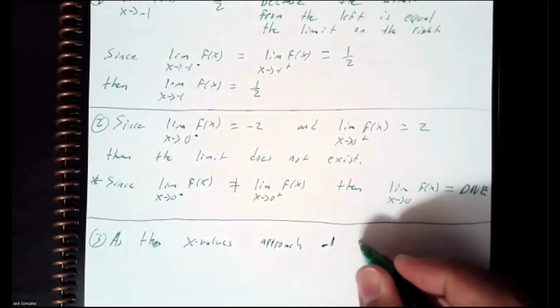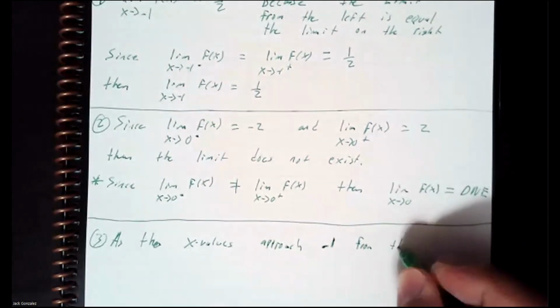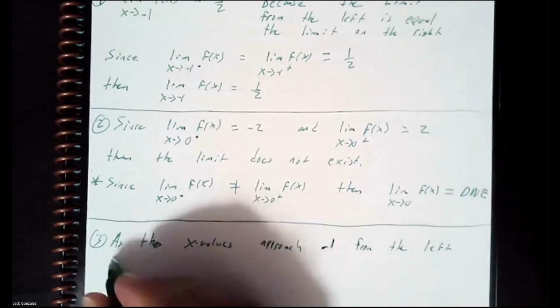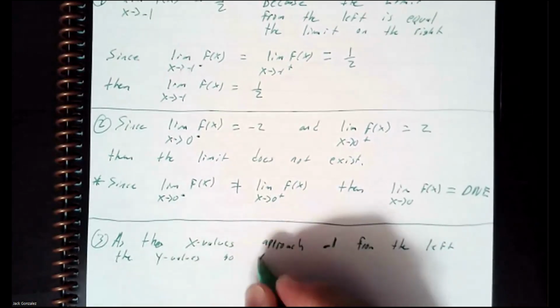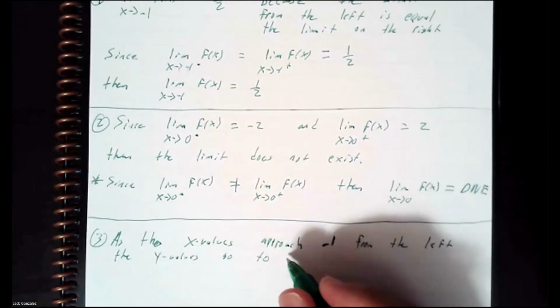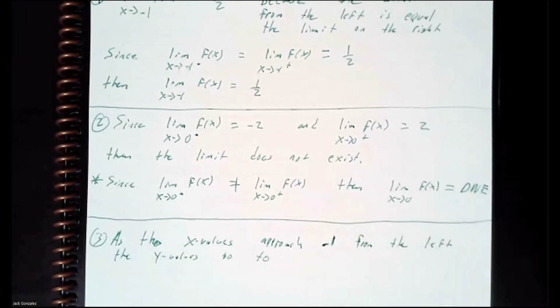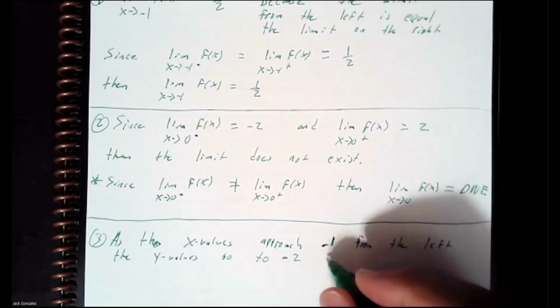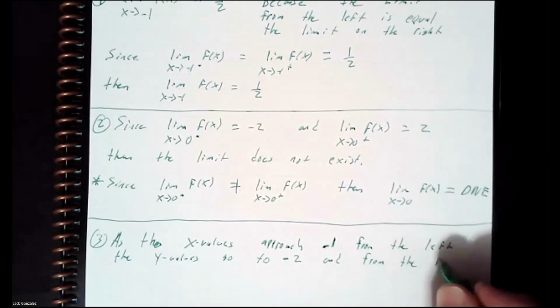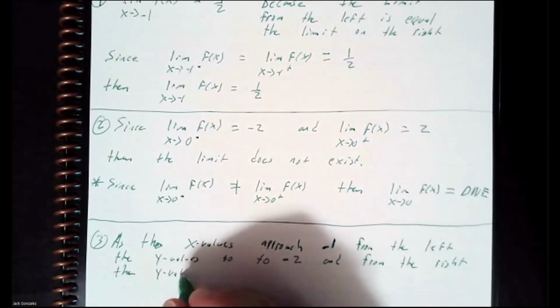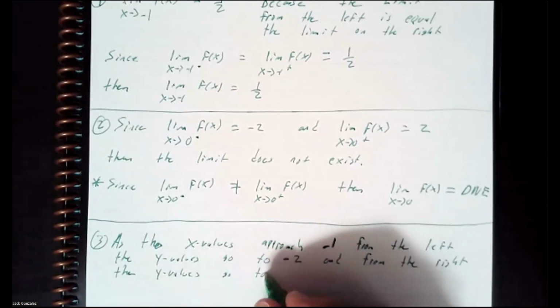We approach -1 from the left, the y values go to -2, and from the right, just to shorten this up, the y values go to -7.